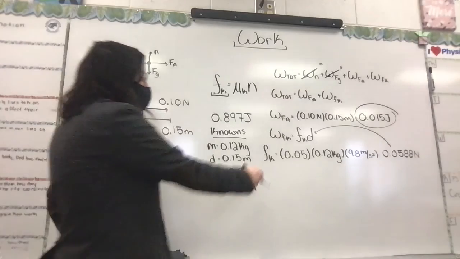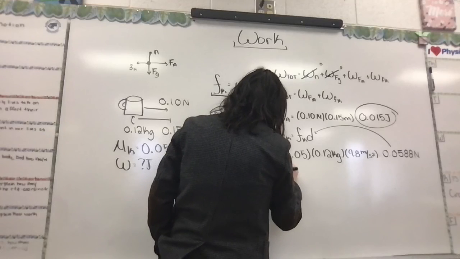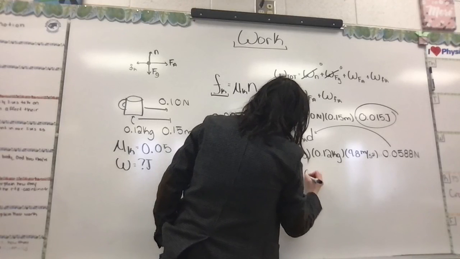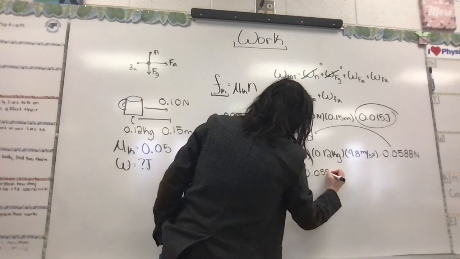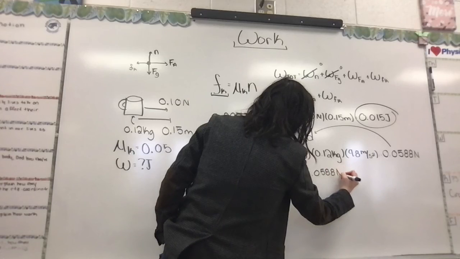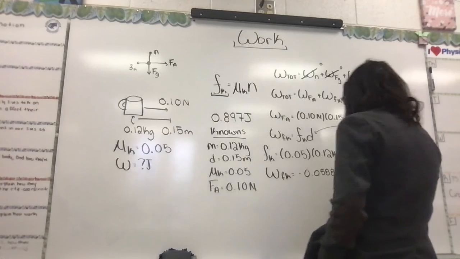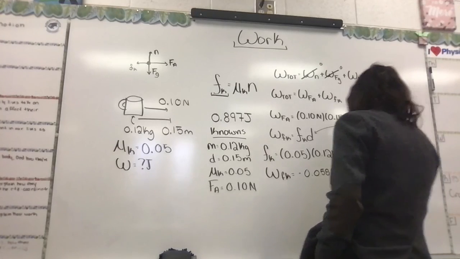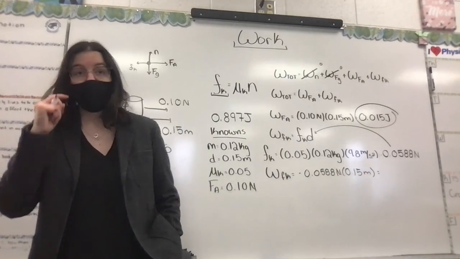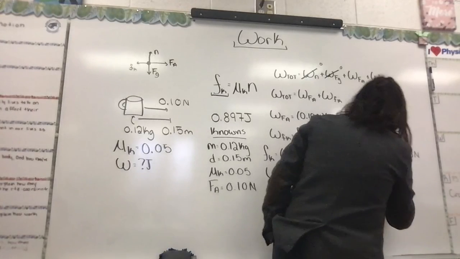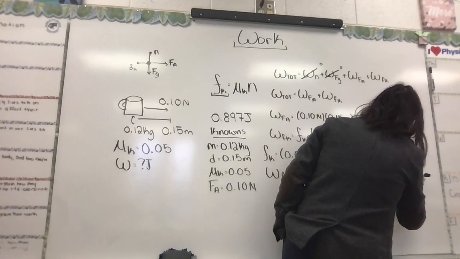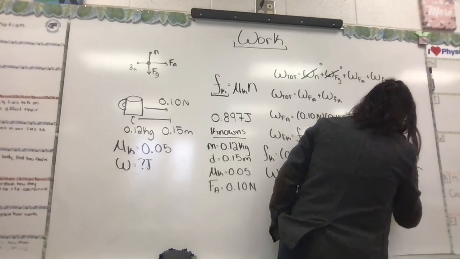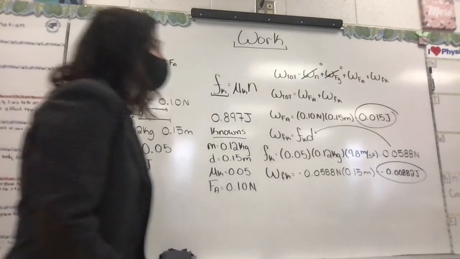That means you need to solve for the work due to kinetic friction. So you're going to take the negative 0.0588 newtons and multiply it by your distance. What's your distance? So what do you get when you do that? Negative 0.00882 what? Okay.